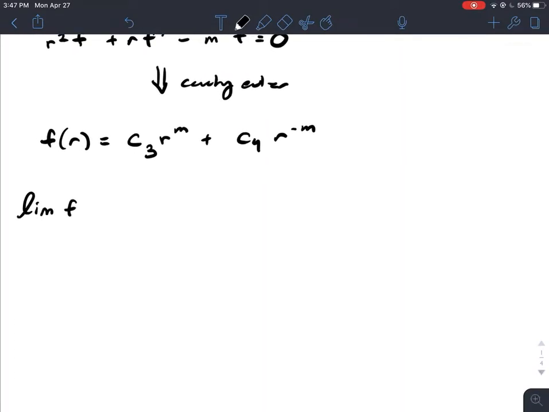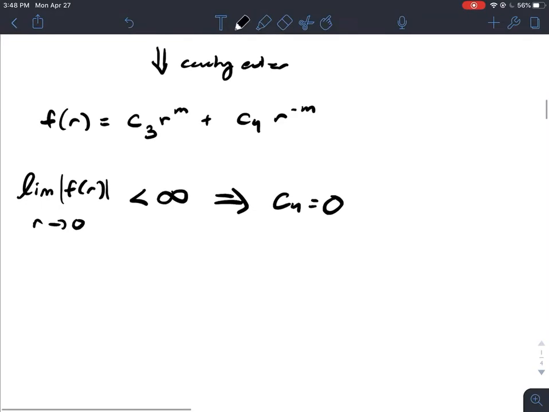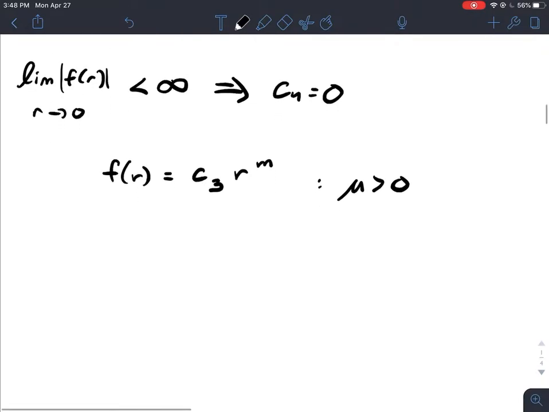So taking the limit of f of r as r approaches 0 tells us that this must be less than infinity, and in order for that to be true, we have to set c4 equal to 0, because the r raised to the negative m term starts to explode as r approaches 0. So therefore, since c4 is forced to be equal to 0, f of r is just going to be equal to c3 r to the m. And this is for the case when mu is greater than 0.